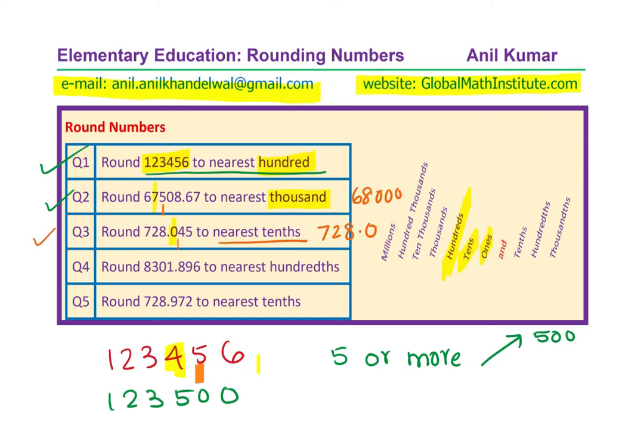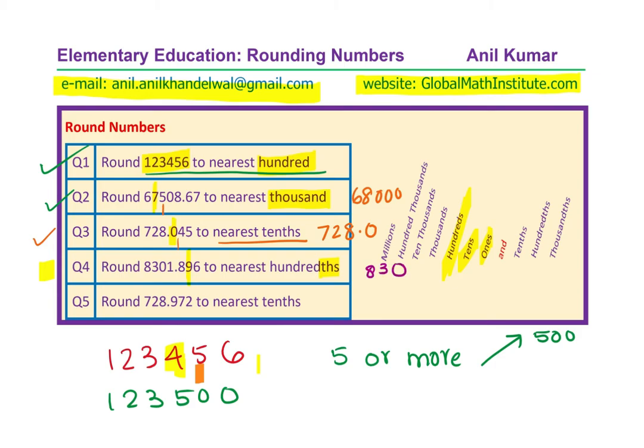Now let's look into the next question, question number 4, which says round 8301.896 to the nearest hundredths. So THS means after the decimal on the right side. Hundredths means the position which is being occupied by number 9. 9 is in the hundredths place. The number next to 9 is 6. So we are going to increase 9 by 1. Increasing 9 by 1 really means adding 10, right?